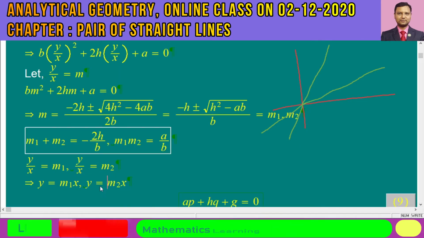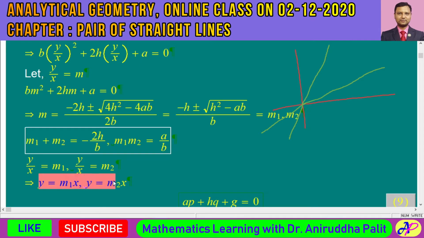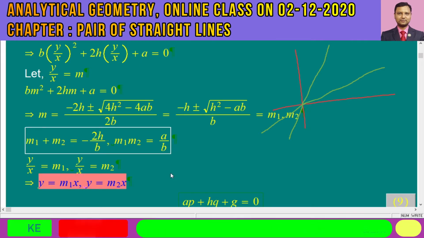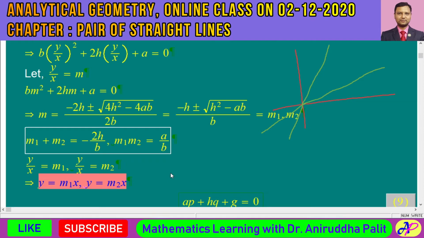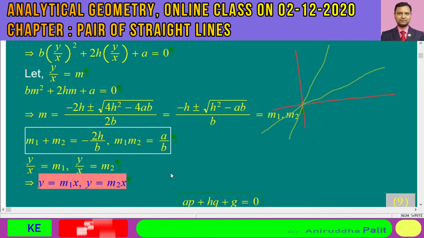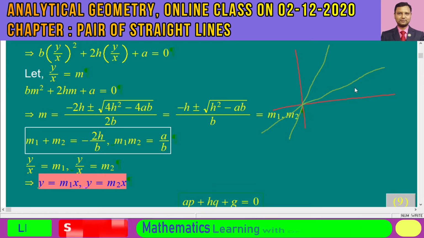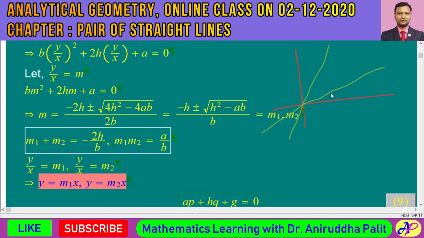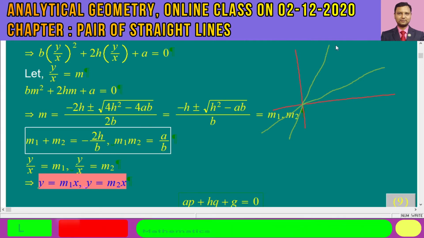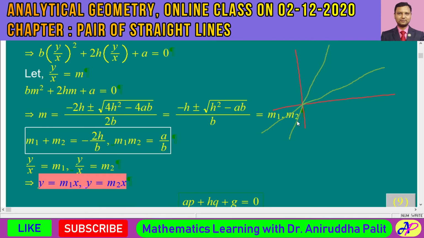These are actually two straight lines. Y is equal to some constant into x: this kind of expression always represents a straight line, and over here we get two different values of m, and therefore we can say that these two equations together represent two straight lines. One straight line must have the gradient m1 and another straight line must have the gradient m2.